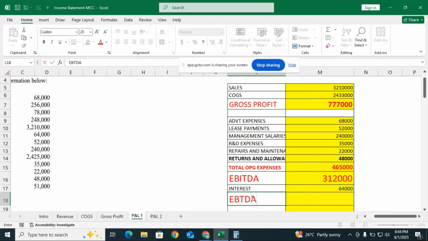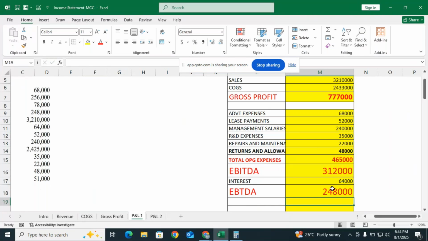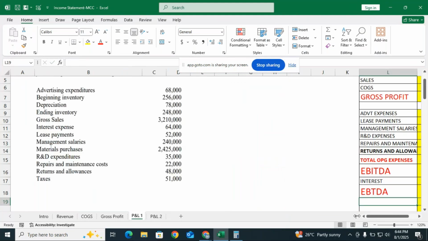You are going to take out the I now. So equals to 3,12,000 minus 64,000. So it is 2,48,000. Then tax, depreciation. So depreciation comes up to 78,000.